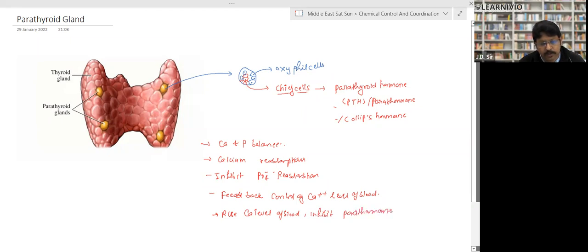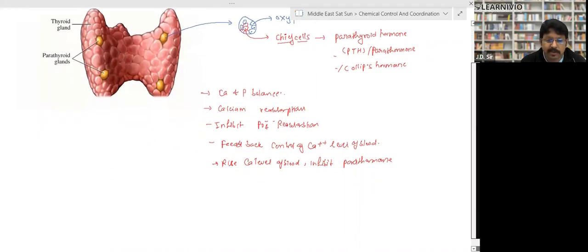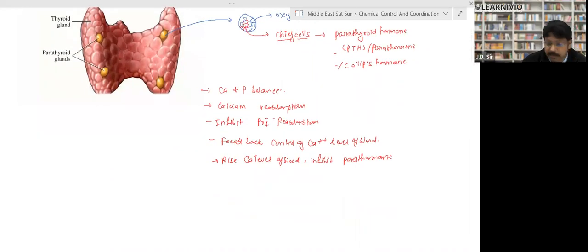So that's how it works. If the calcium level increases in the blood, then the parathyroid hormone secretion will be inhibited. And if the calcium level falls, then parathormone secretion will start. So that is the feedback mechanism. Clear?